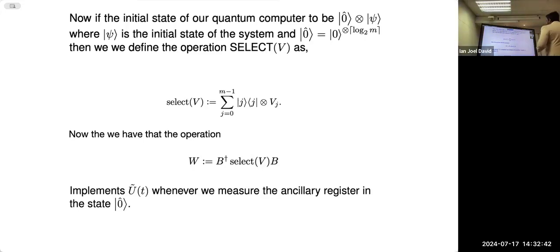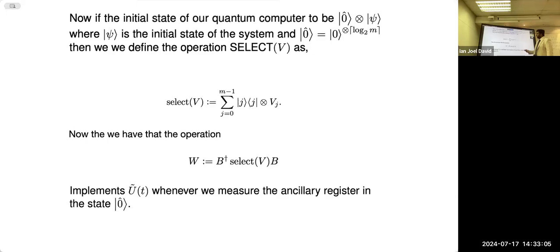Now, the initial state of our quantum computer is going to be in the following register, where 0 is just a register of qubits all in the state 0. Again, we have taken this with ceiling of log 2m, and psi is the initial state of our system. Then we can define an operation that we call select V. Okay?